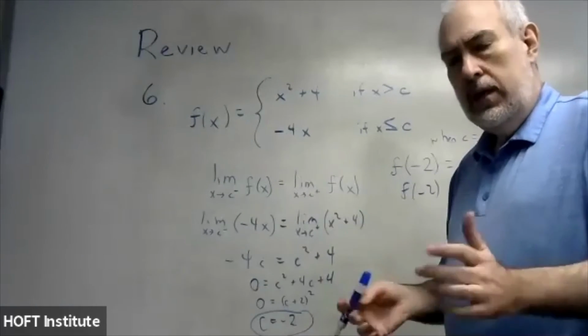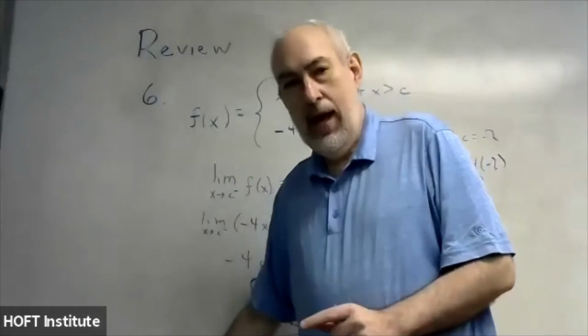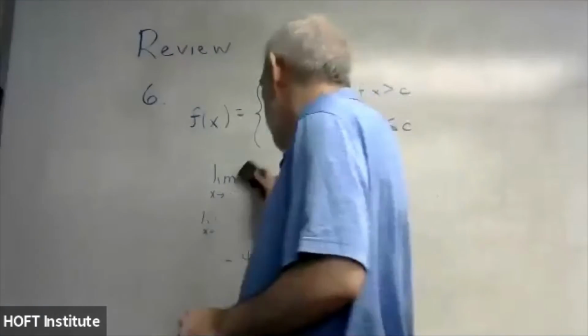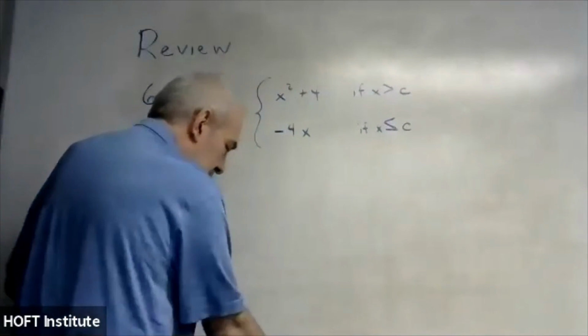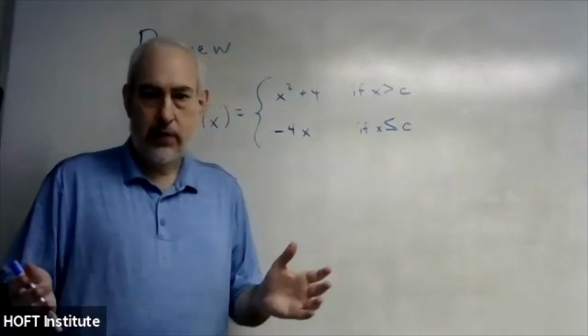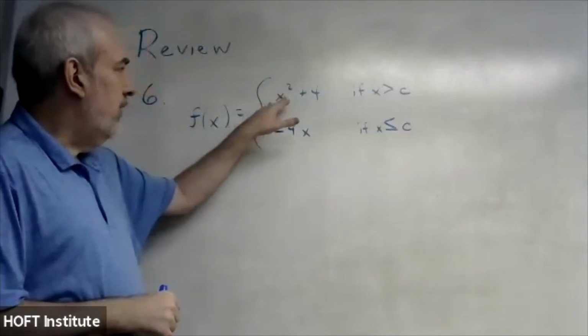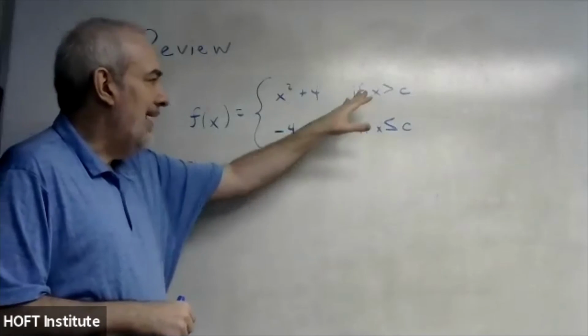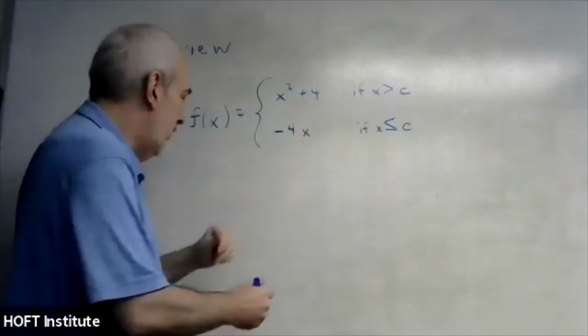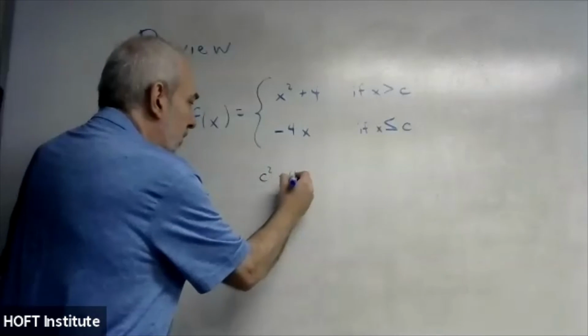So now, I could have made this a lot simpler by just explaining it this way. In order for the functions to connect up from the left and the right, we basically need this function to equal this function at c. This function, as you approach c, you end up getting c squared plus 4.